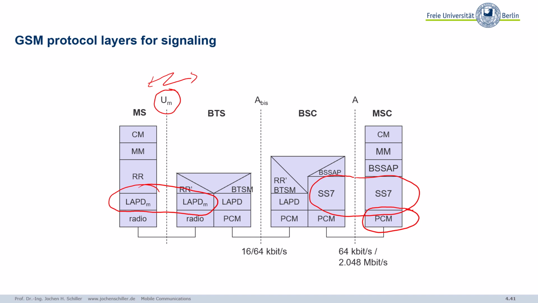Because before you can set up a connection for data transmission or for a voice call, you first have to set up a connection for a control channel. And the control channel is the D channel. B is for user data, D is like delta, it's the control channel, and B like Bravo is for user data.